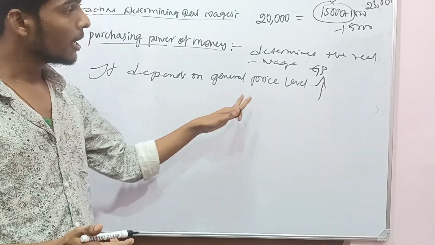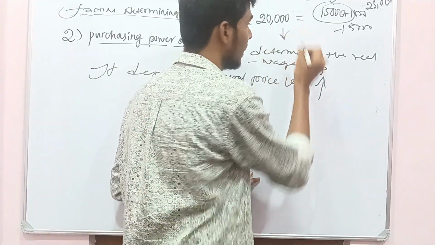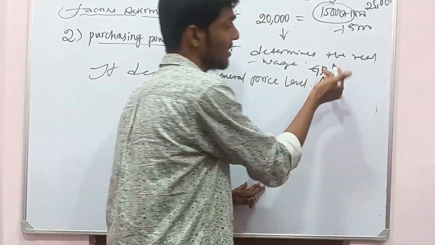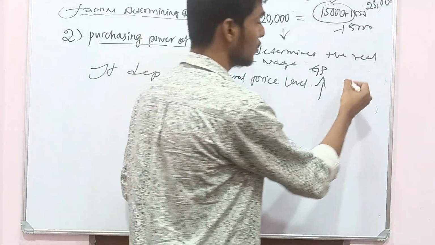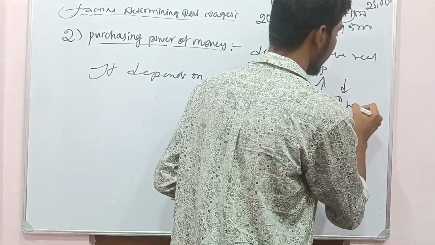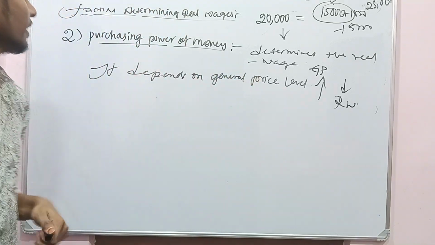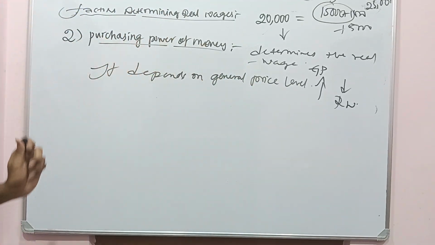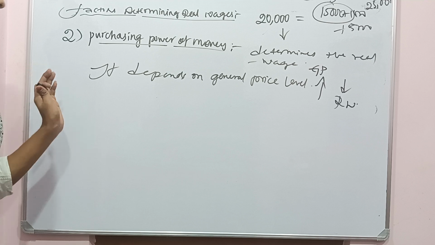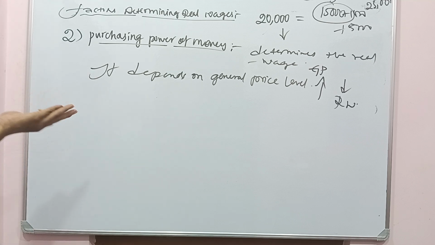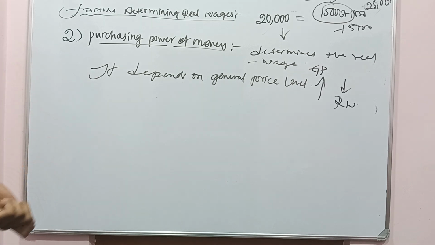When his earnings are less and the general prices are higher, it leads to a decrease in real wage. This is the purchasing power of money, which determines the real wage. The real wage will always depend on the general price level. When the general prices are higher, the real wages tend to be lower.